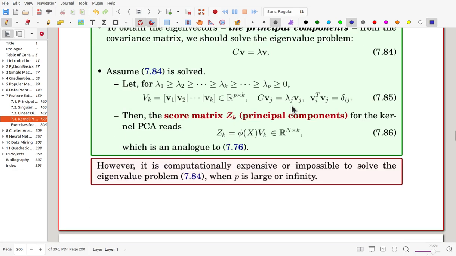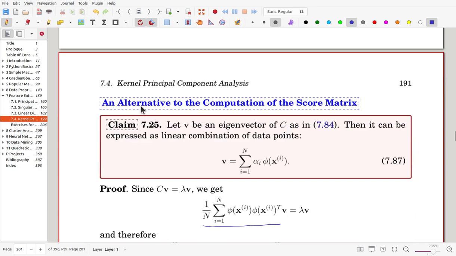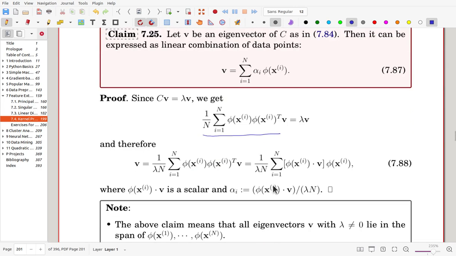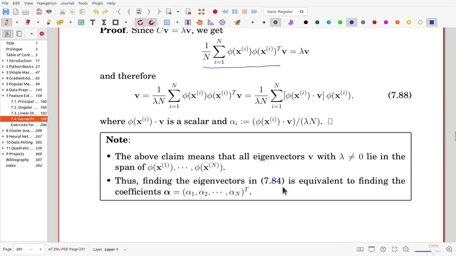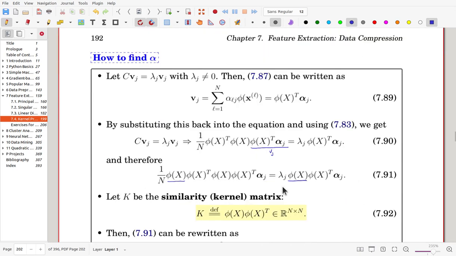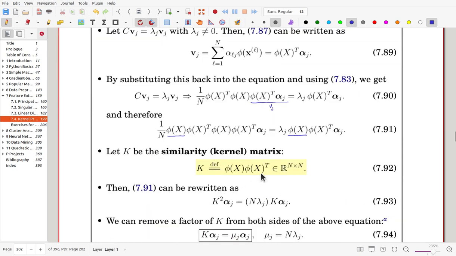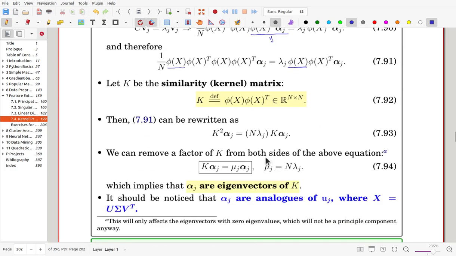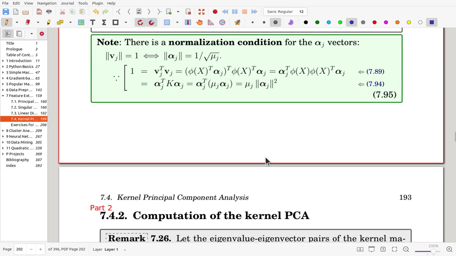So with this alternative technique, the computation can be less expensive. Now we'll continue in the second part. Thank you.